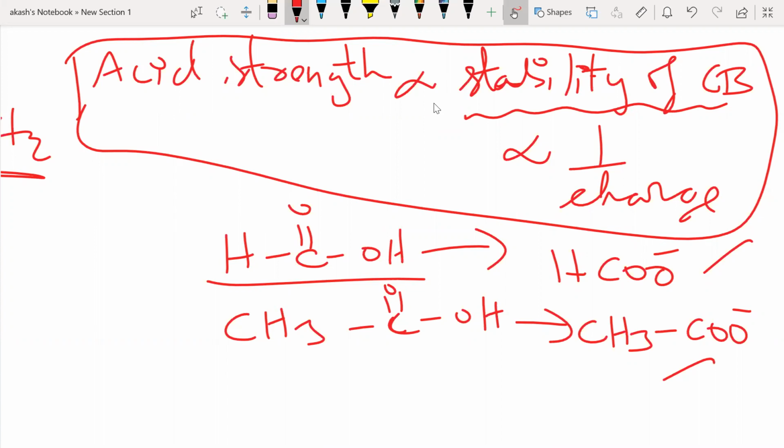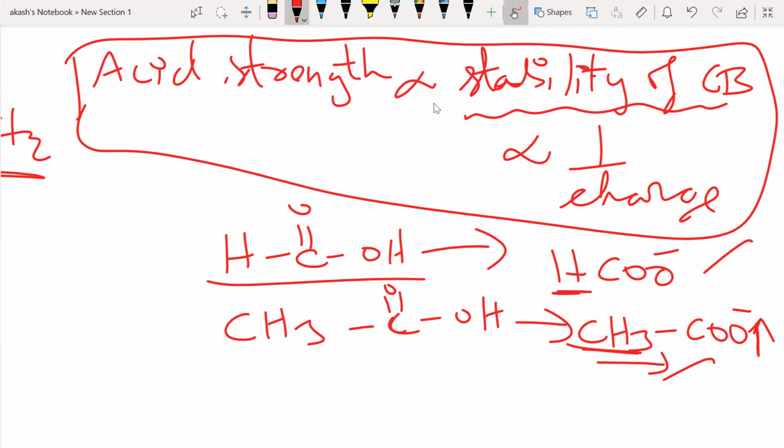Okay, makes sense, right? So obviously it's pretty simple. I know CH3, the alkyl group, is an electron donating group, which is going to increase the negative charge on the oxygen. Here I just have hydrogen.